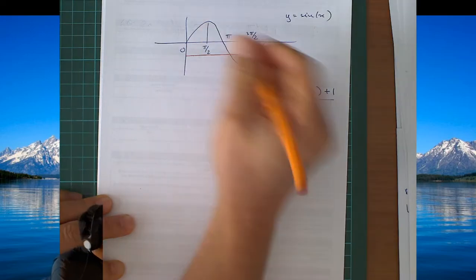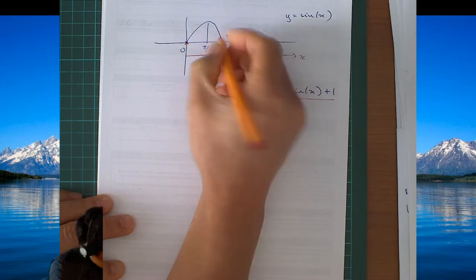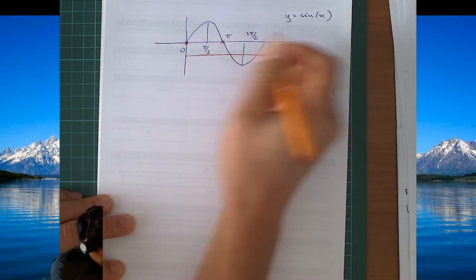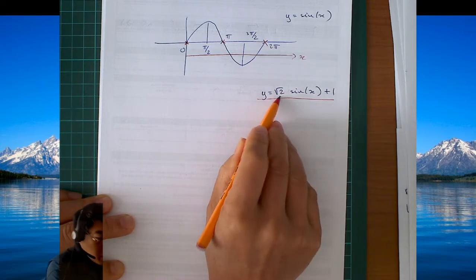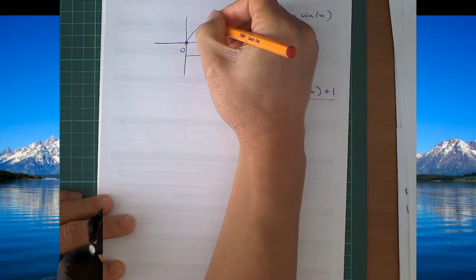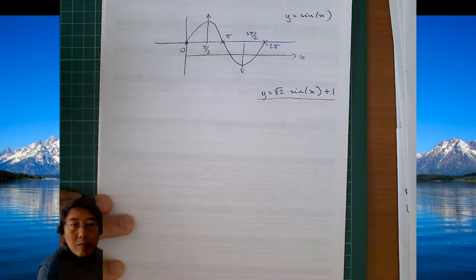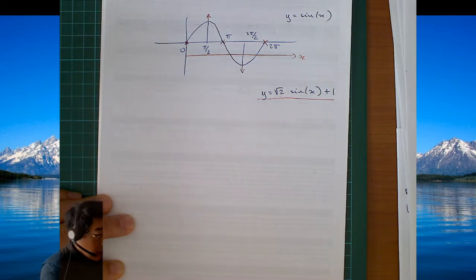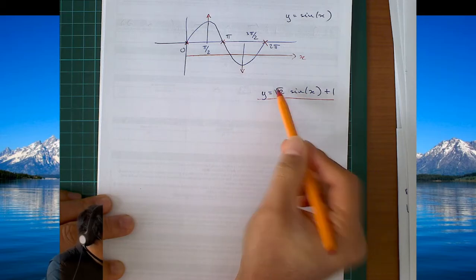Okay, now that won't change those midpoints here, those intercepts, because they're not affected by the amplitude. What's going to change when you multiply by root 2 is that the maximum is going to stretch upwards and this one's going to stretch downwards. Okay, so that's just for root 2 sine of x plus 1.